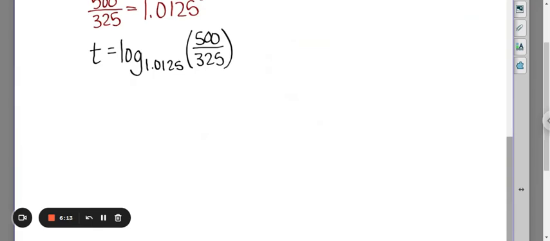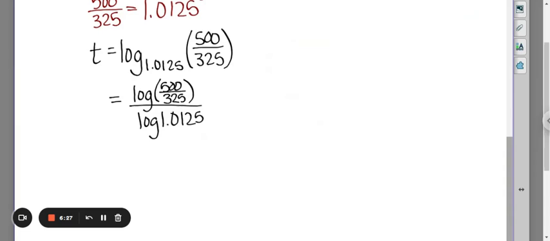So that is going to be the log of the fraction over the log of 1.0125.